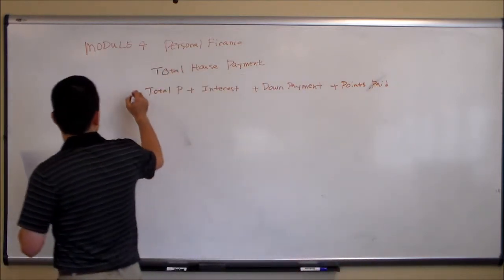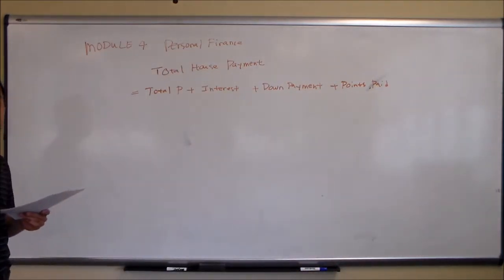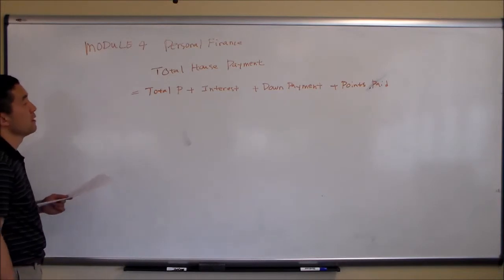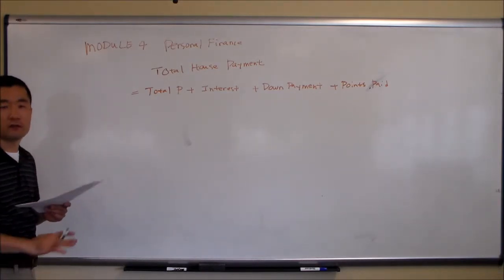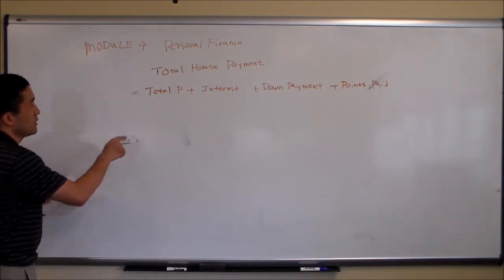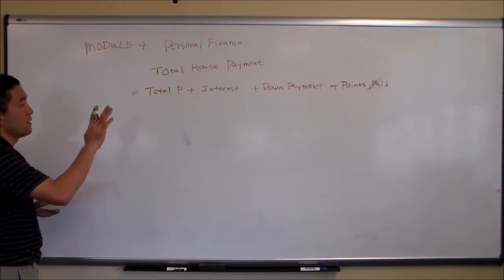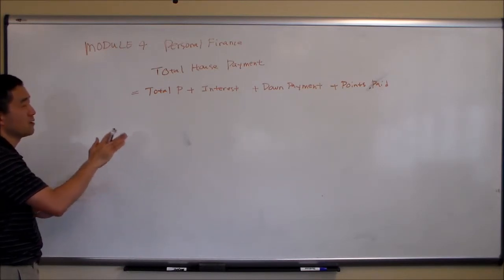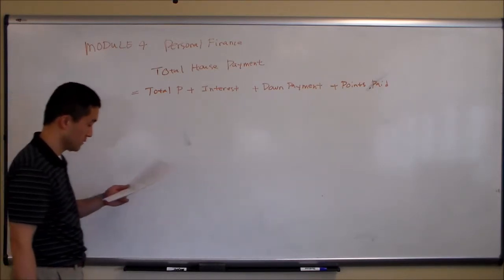Okay. So if you buy a house with the mortgage, then your total house payment at the end of its loan payments will be the principal plus the interest, any down payment you put down, and then the points you paid. Okay.